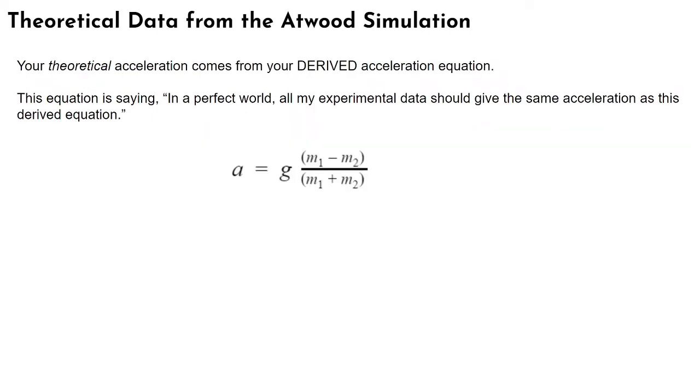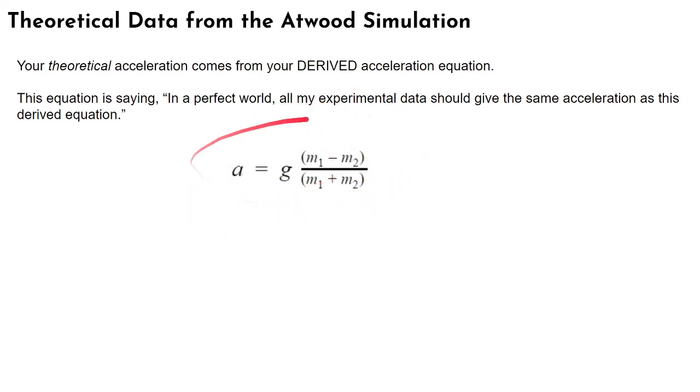All right, so the theoretical data then. Your theoretical acceleration comes from your derived acceleration equation. This is your answer to number 4, your final answer. It's this equation right here.